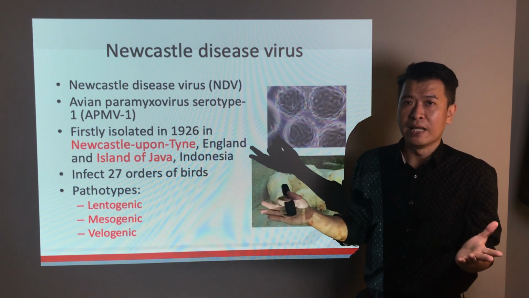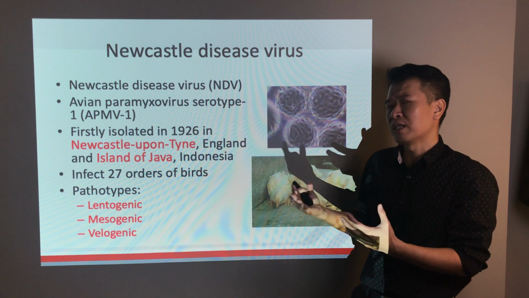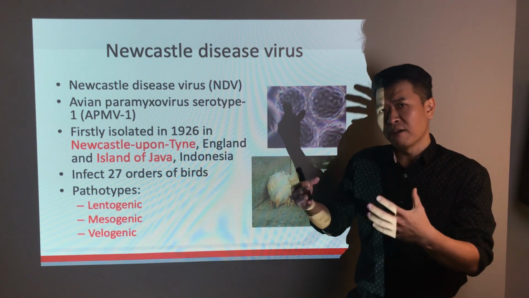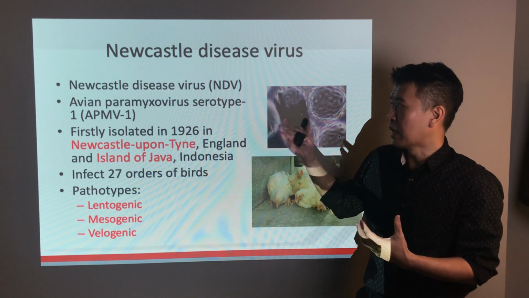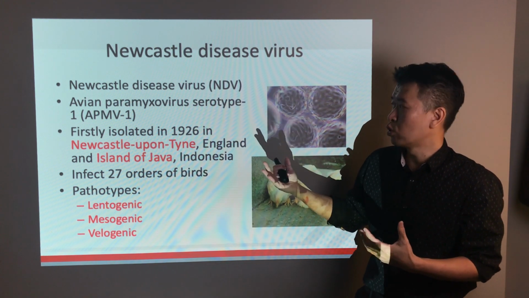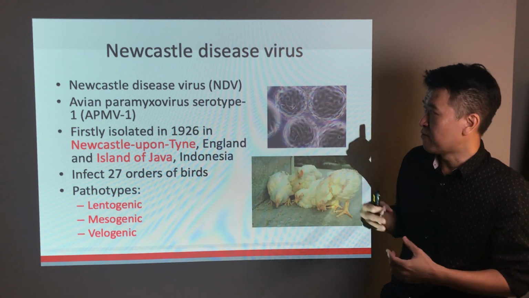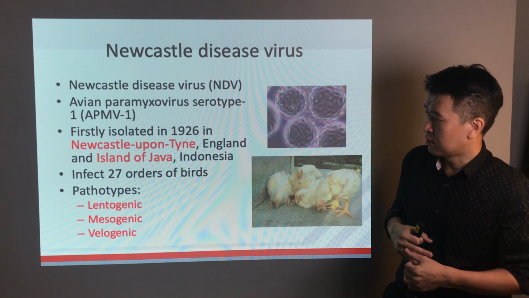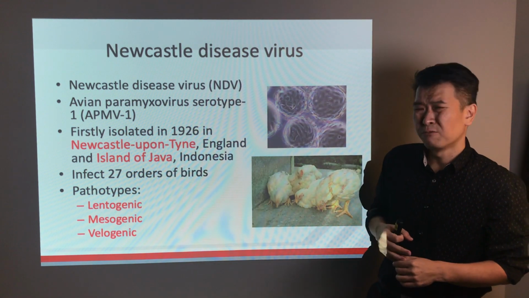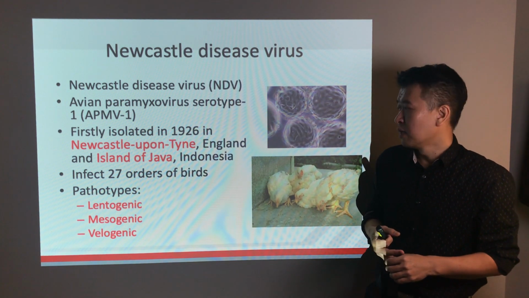Alright, so Newcastle disease virus is sort of endemic throughout the tropical countries. For example, in Malaysia and Indonesia, we are countries that are very susceptible to Newcastle disease virus. And because of the advancements of science, now we have a vaccine that can protect the chickens from being infected by Newcastle disease virus. Now the virus can infect more than 27 orders of birds, out of a total of maybe 52 orders.